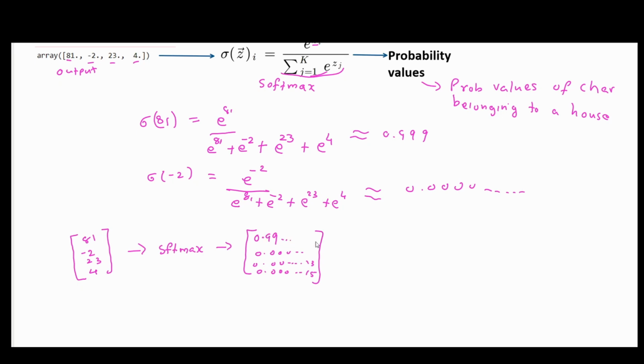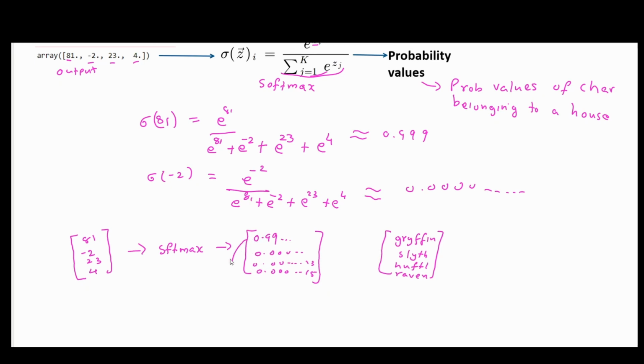Now you already have predefined classes, right? So let's say you have a list like Gryffindor, Slytherin, Hufflepuff, Ravenclaw, etc. What you do is look for the index of the value which has the maximum probability.